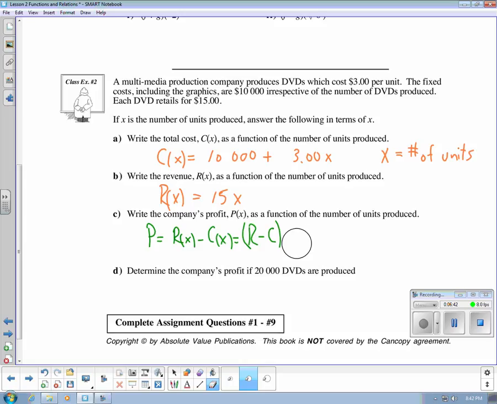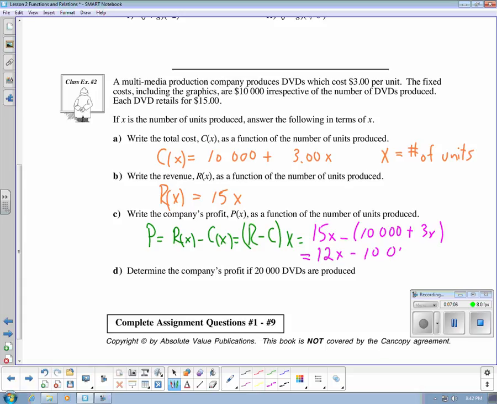And you can take both those statements, 10,000 plus 3x, but start with the 15x. So that's 15x minus 10,000 plus 3x, which will give me 12x minus 10,000.